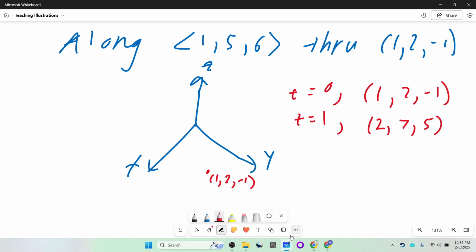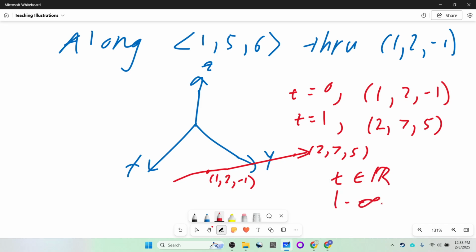So that'd be out here somewhere, let's say, 2, 7, 5. And again, drawings do not have to be perfect. You get the general idea of it. And we can say t is in R because it says a line, so to be a full line, lines go to infinity, so we have to let the time go between negative infinity and positive infinity.